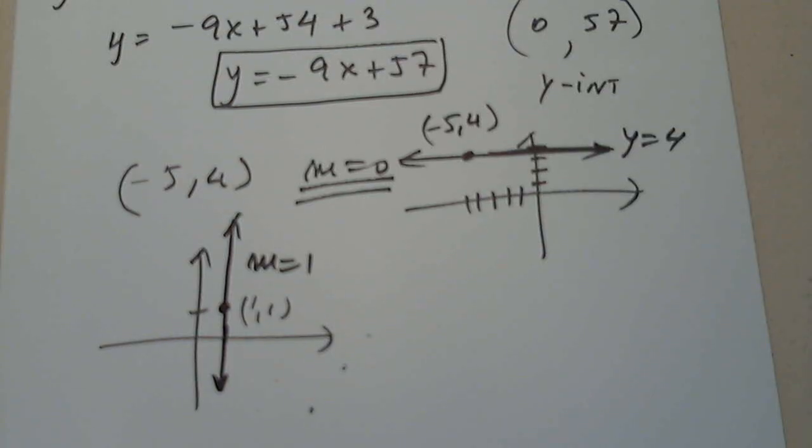Now, the point on the graph is type an ordered pair. So they want us to put parentheses so that, can anyone give us the point that is given? Which point was given?